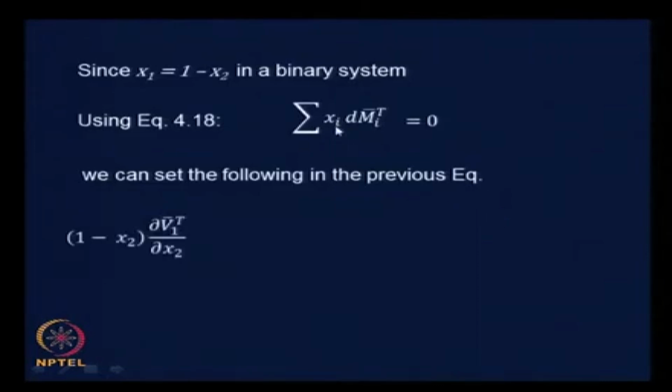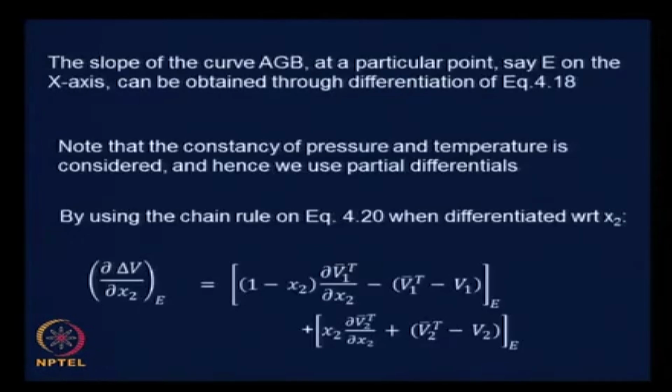This is nothing but x1 in our current binary case, x1 dm1 t hash plus x2 dm2 t hash equals 0, or x1 can be replaced as 1 minus x2, so (1 minus x2) dou V1 t hash by dou x2 plus x2 dou V2 t hash by dou x2 equals 0. And where does this happen? It happens in the previous equation here.